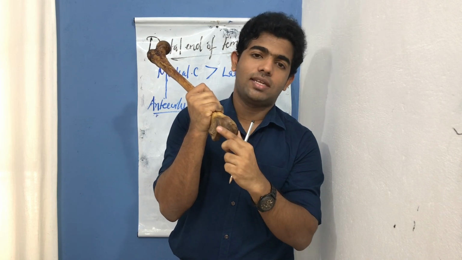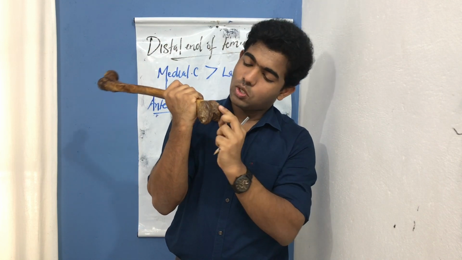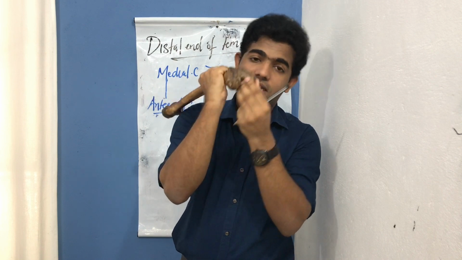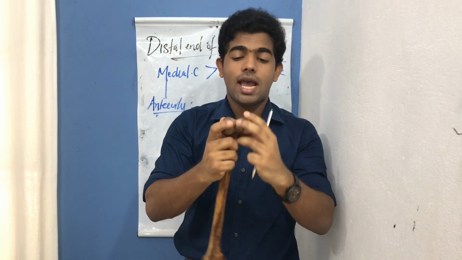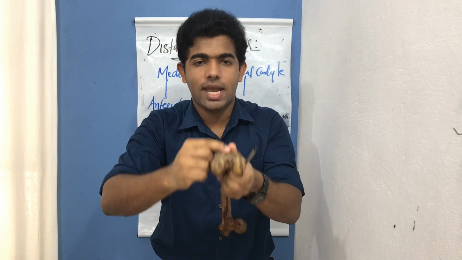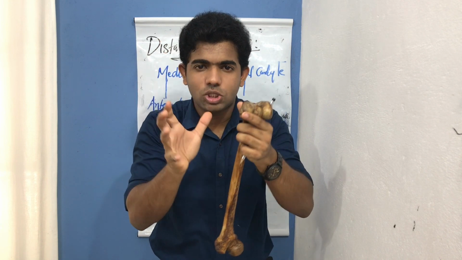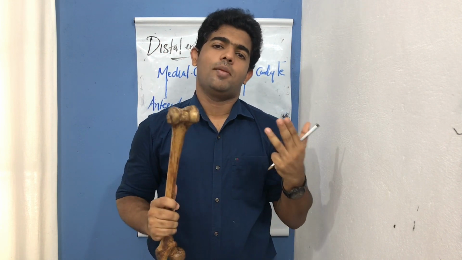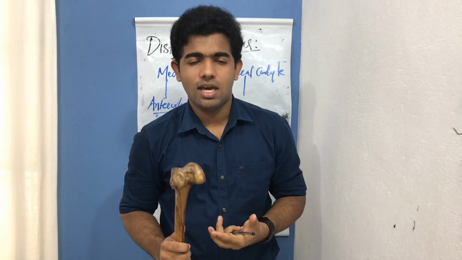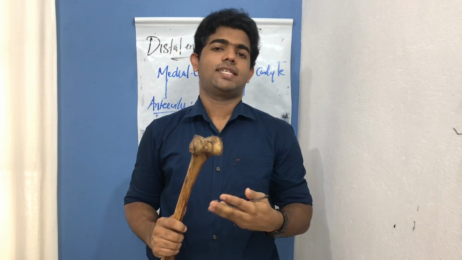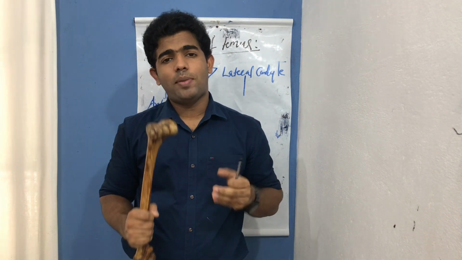Here is the patella resting. So two condyles are clearly seen posteriorly, and when we move from posterior to anterior, both condyles are joined together with the patellar surface or patellar sulcus, or of course known as the femoral groove. Right? So these are some of the peculiarities of the distal end of the femur.